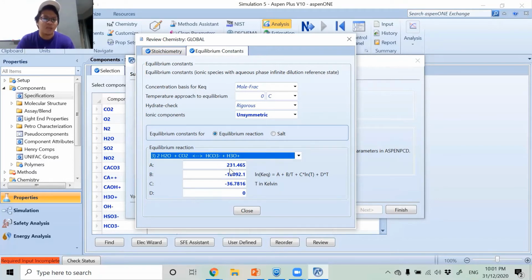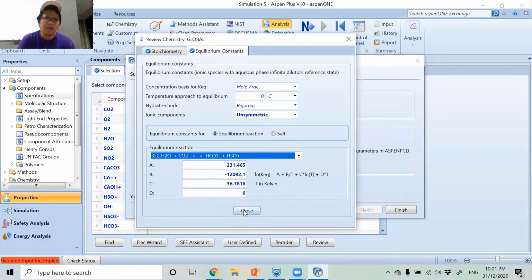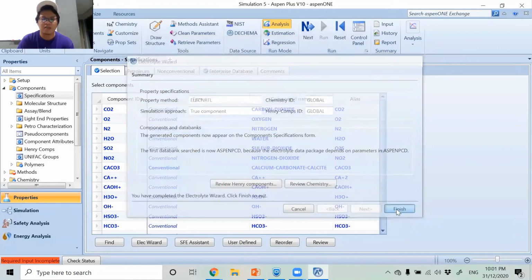You can modify or change it if you want, but I decided not to do anything about it because this is the information that is available in the data bank. Unless I know the new constant from an experiment, you can modify this if you want. But I decided not to do anything, so I click close, and then I click finish.